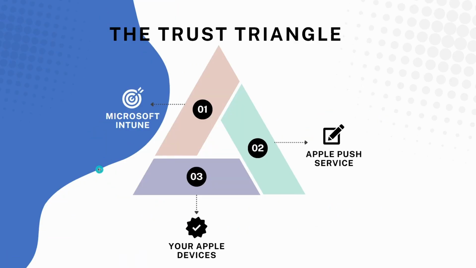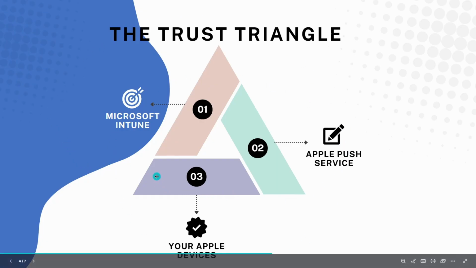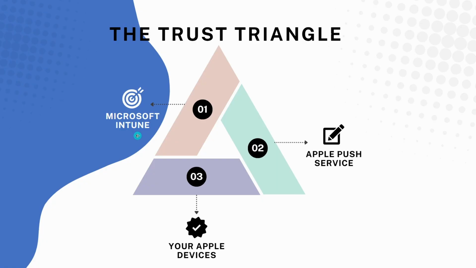The trust triangle. Here's how the trust model actually works. This is important because it explains why every MDM product, whether it's Intune, Jamf, or anything else, goes through this exact same process. Step 1 is Intune generates what's called a certificate signing request, or CSR.